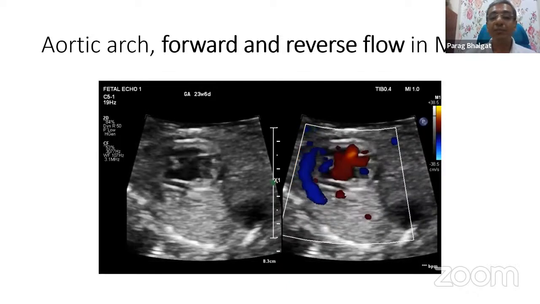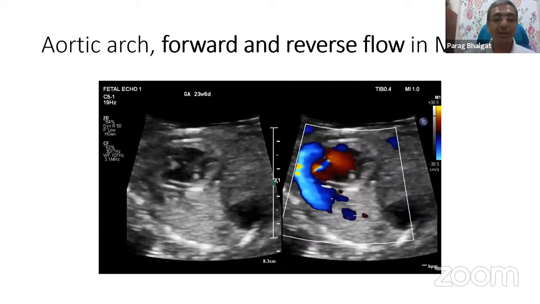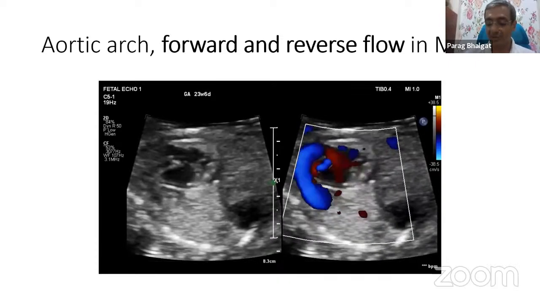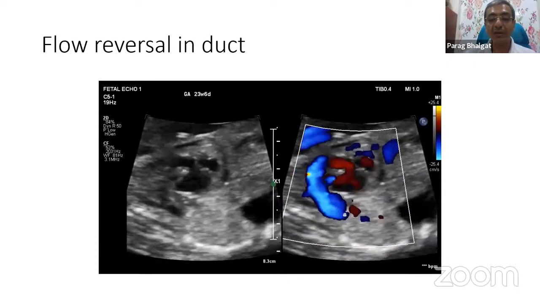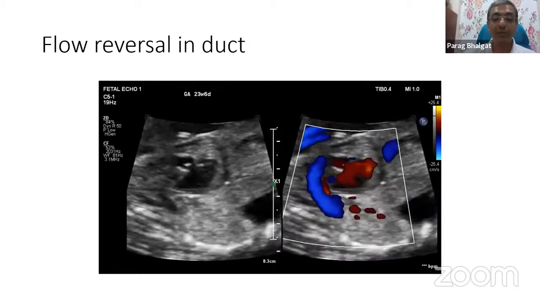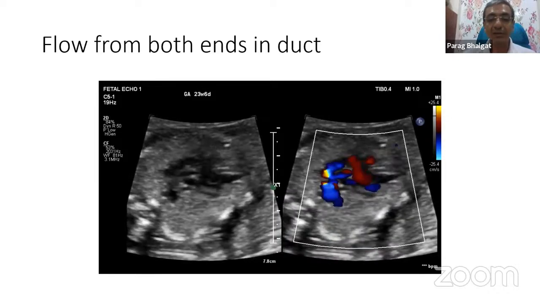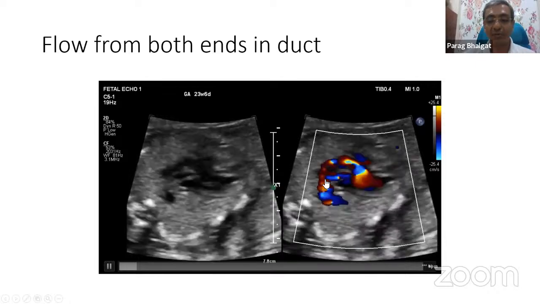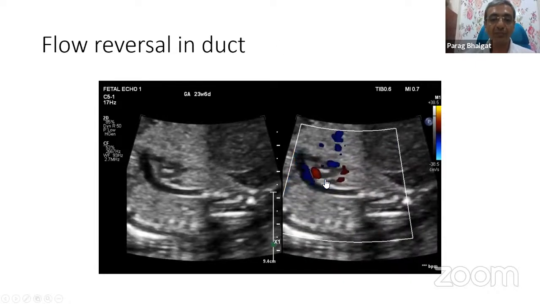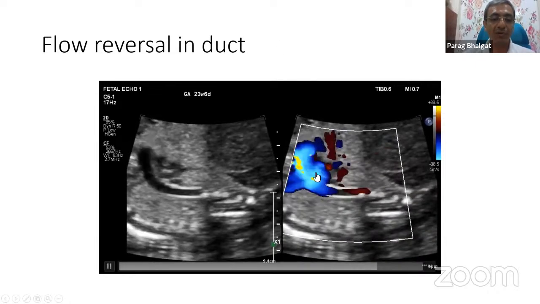This baby has PDA-dependent lung circulation, or otherwise you will get severe stenosis after birth if the PDA is not kept open with prostaglandin. This very clearly shows the flow reversal in the duct along with forward flow.